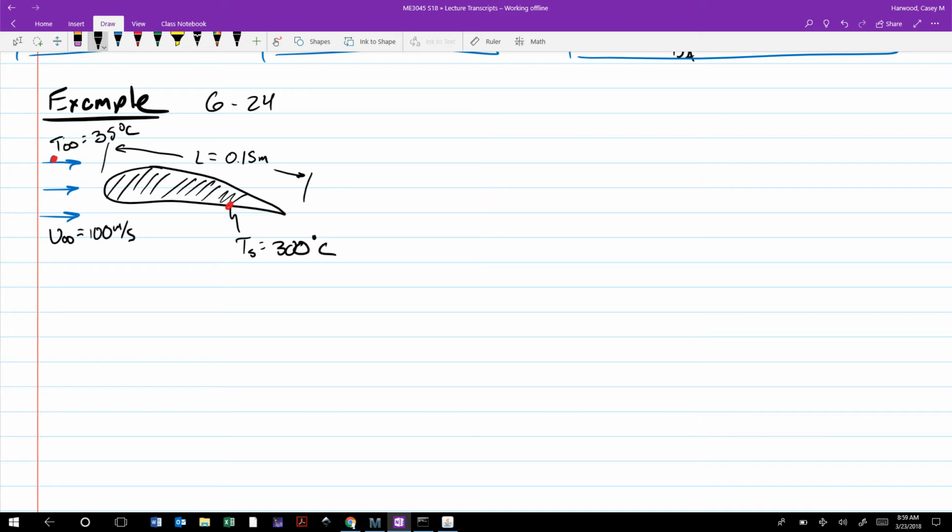And so let's say a series of experiments have been run on this, and what we've found is that the total heat transfer out of this blade into the moving air is Q equals 1,500 watts.